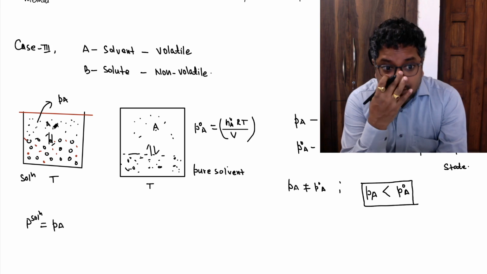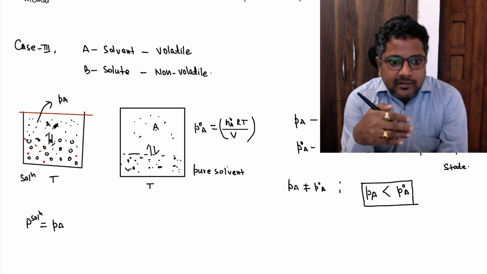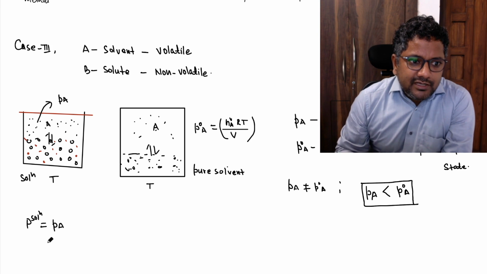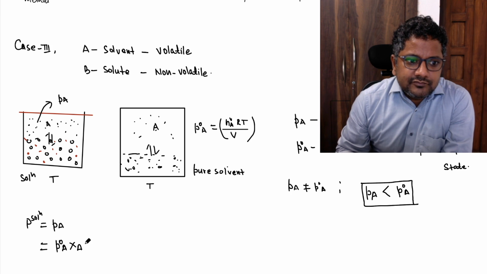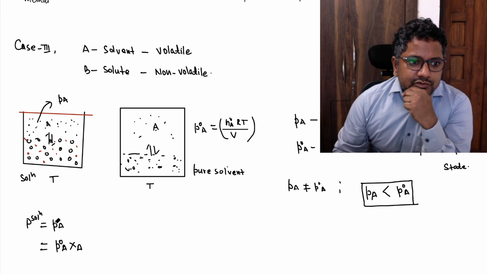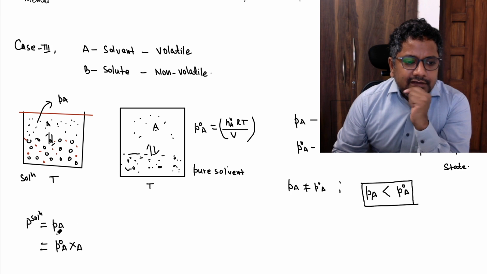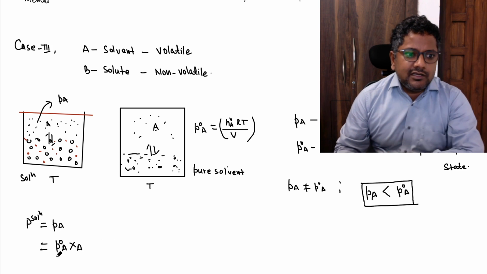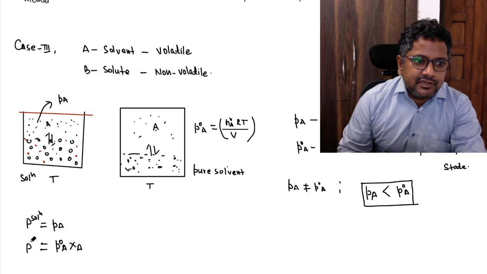Raoult's law is applicable here because A is the volatile component, so you can write PA is equal to P naught A XA, simply that previous formula. So this is the P solution, you can see.